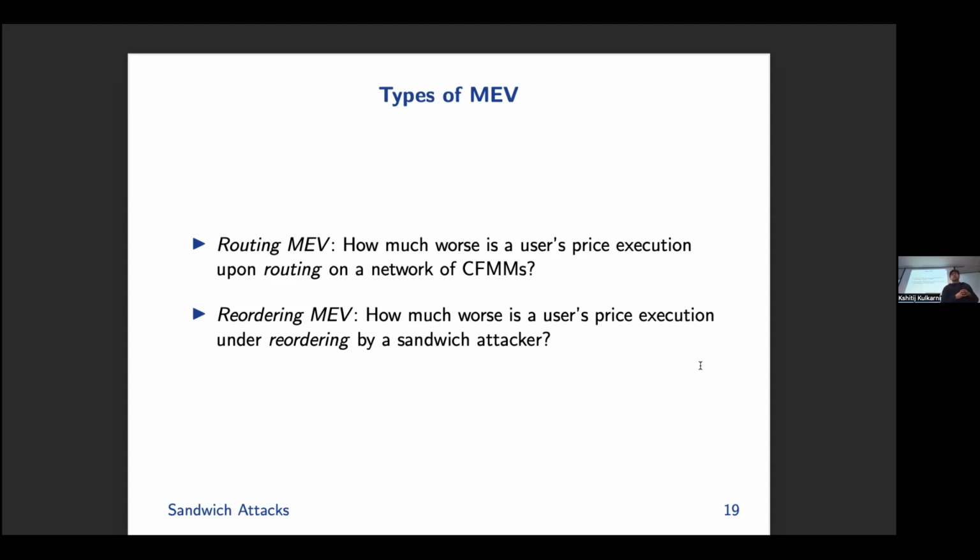So how much worse is a user's price execution upon reordering by a sandwich attacker? That is, how much worse can you do by shuffling the trades around and correspondingly shuffling the sandwich attacks around?